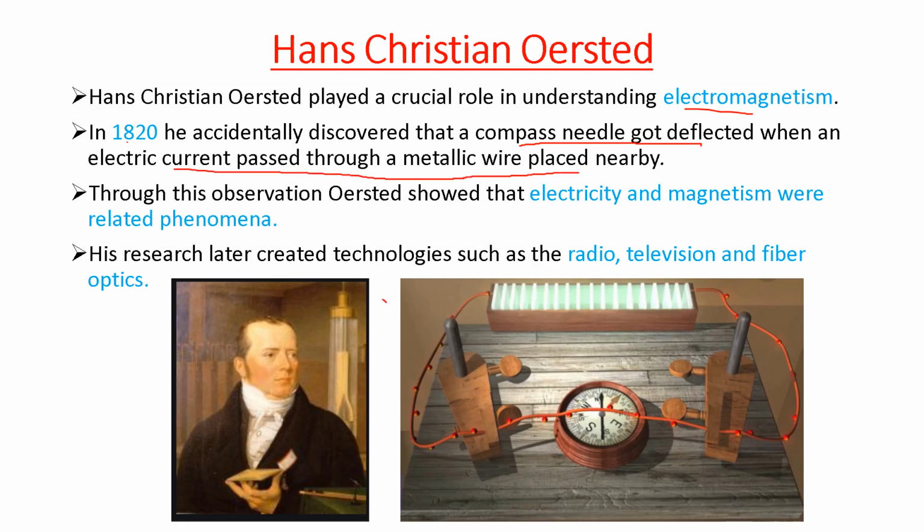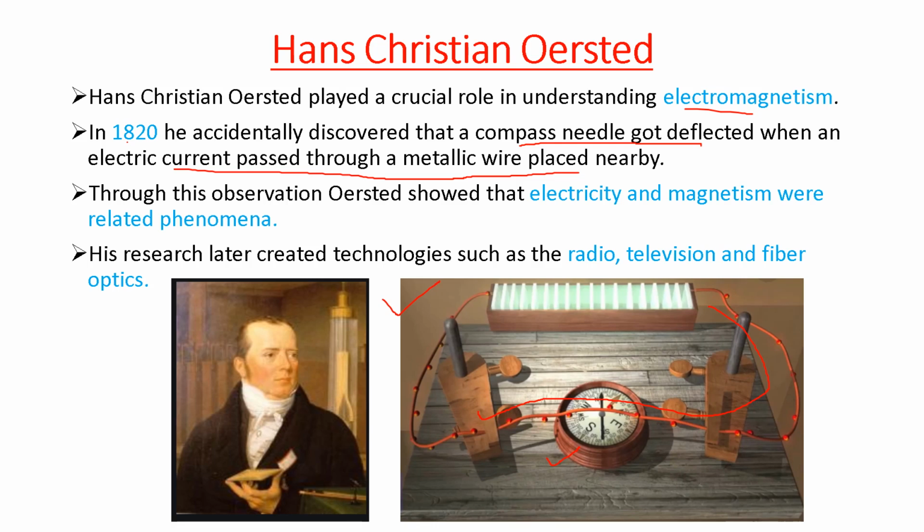Here, this figure shows the arrangement which was done by Hans Christian Ørsted. Here we can see that a wire has been placed near to a magnetic compass. Magnetic compass has a magnet inside it, and when the switch was on and the current was flowing through this wire, the needle showed the deflection, and we know that a needle can deflect only in presence of some other magnet.